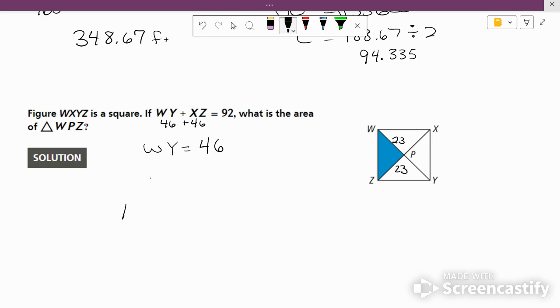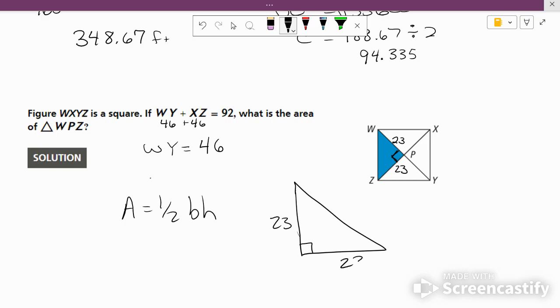23. The area of a triangle is 1/2 the base times the height. If I redraw the triangle like this, since it's a rhombus, a square is a rhombus, diagonals are perpendicular. My height is 23, my base is 23, the area is 1/2 my base, 23, times my height, 23.